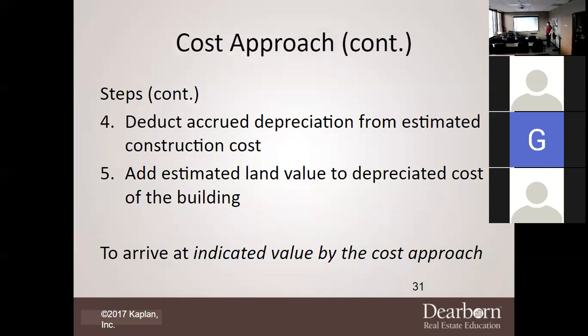They will then deduct that accrued depreciation from the estimated construction cost. So we said the land's 100, the building brand new is 500,000, but we noticed that there's over 200, maybe close to 250 years of wear and tear in this property.